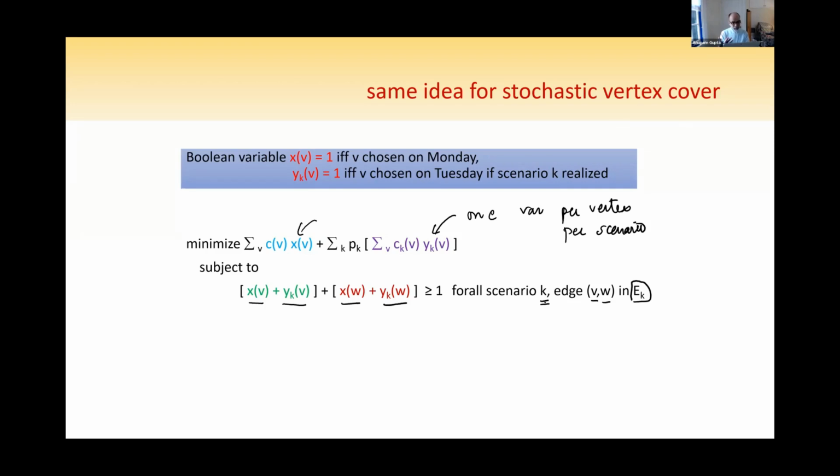It's just like explicitly writing it down. You should just think about the problem and write it down as an IP. And so I'm writing an integer program which captures the stochastic problem. For every edge in every scenario, I'm going to cover it, either on day 1 or on day 2. And I am going to pay this, which is exactly the cost of day 1, and this is the expected cost of day 2. Okay, good.